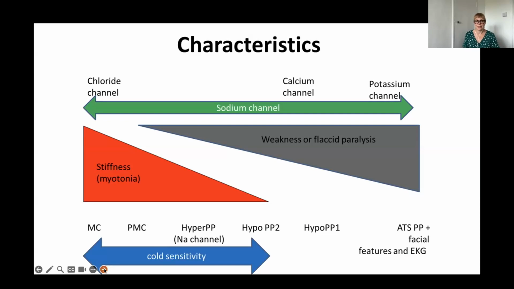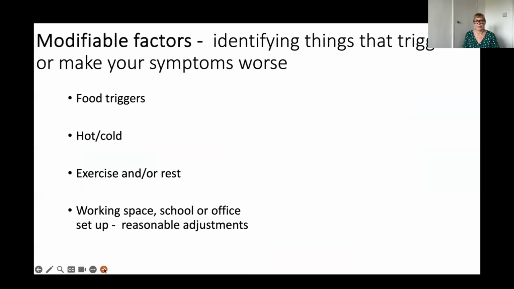So it's our role as a team to support you to help understand the individual patterns for yourselves, and also think about modifiable factors. So they're the things that trigger or make your symptoms worse, that you may be able to address to help best manage your condition.